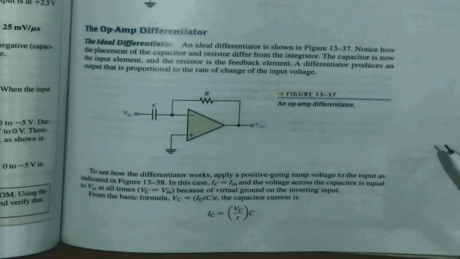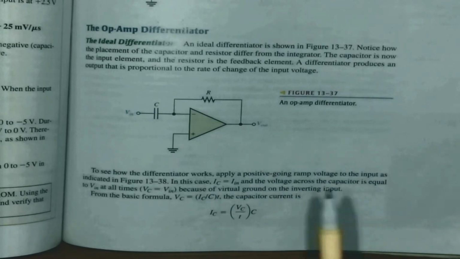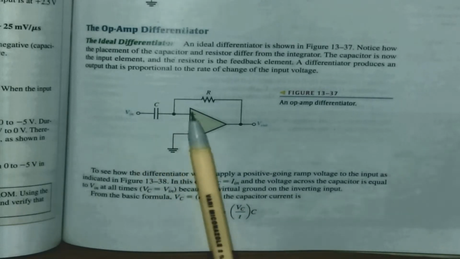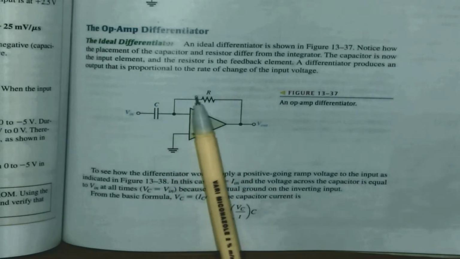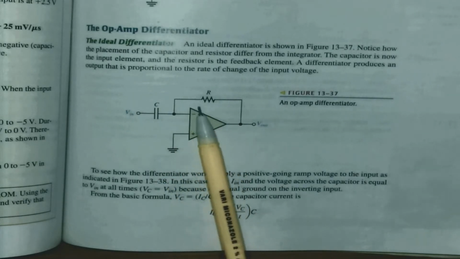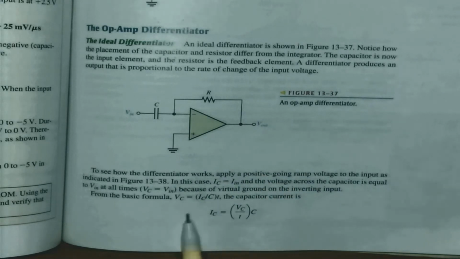Now we're going to look at the opamp differentiator. The only difference between the integrator and the differentiator is that in the case of the differentiator, we have the capacitor on the input side and the resistor in my feedback circuit. All right. The same formula still applies.